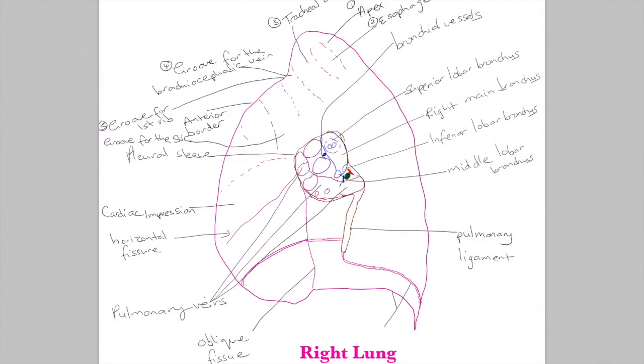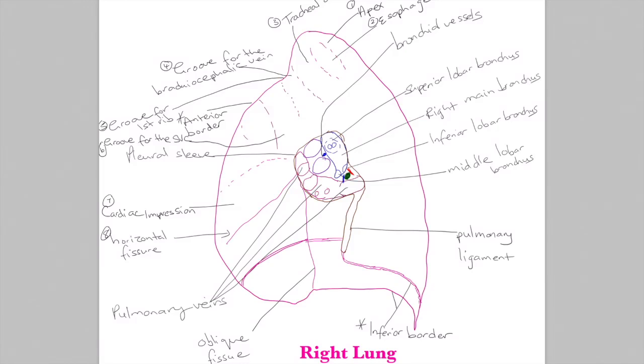This is the inferior border, and if you remember, we saw the anterior border there. And let me label these ones so that you can remember these. Okay, so now we got the inferior border.